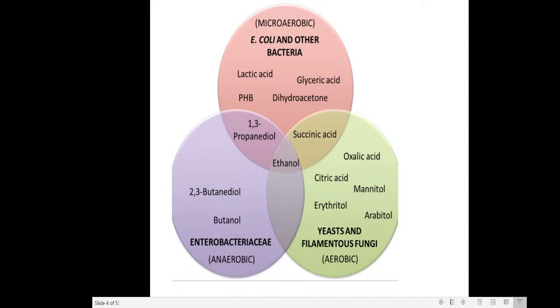As per the research reports, bacteria produce the maximum amount of this ethanol. Saccharomyces is widely used because it is user friendly.